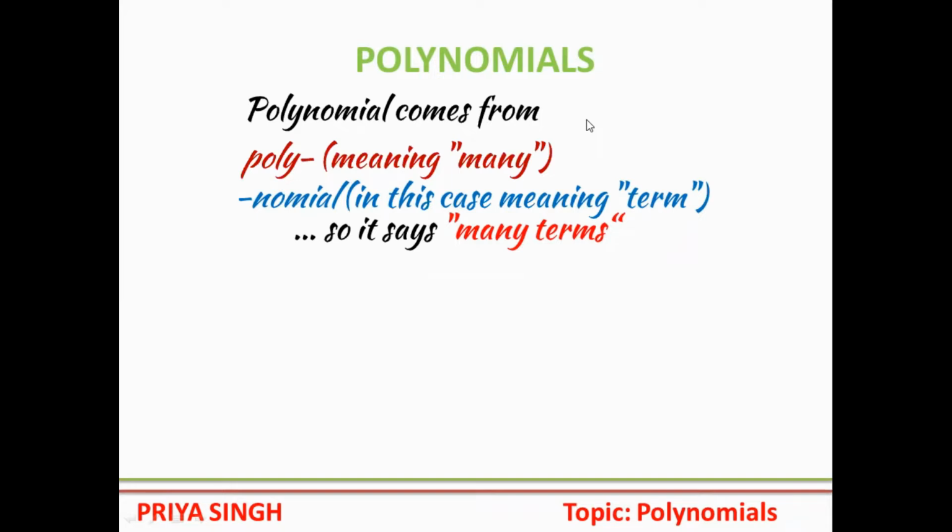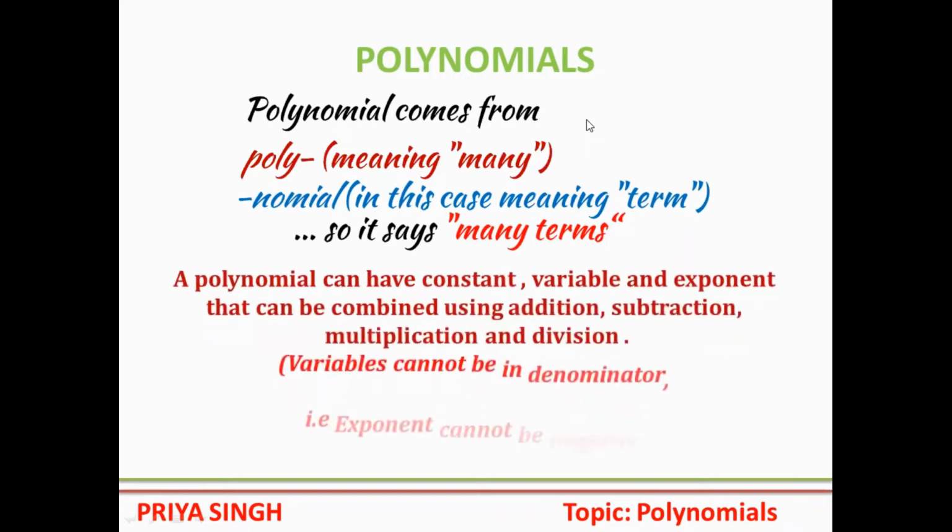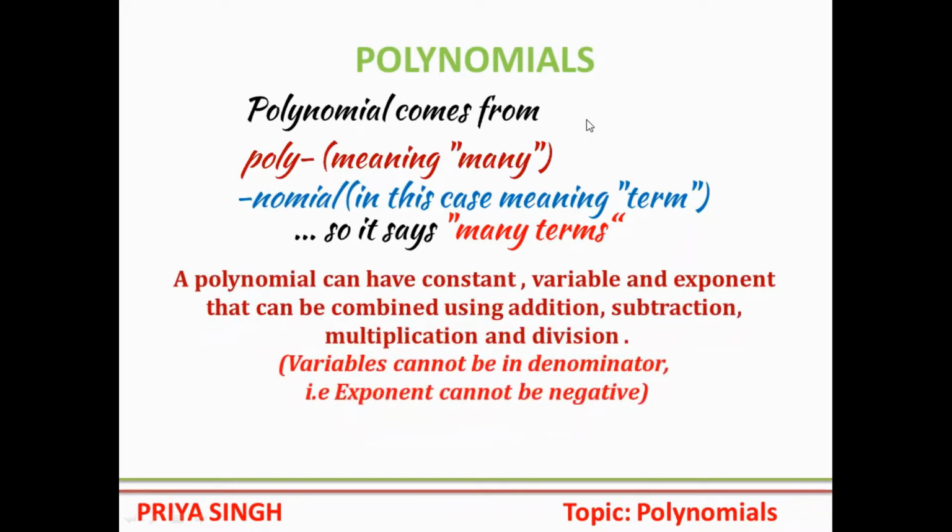What is the exact definition of polynomials? Polynomial can have constant, that is the numbers, then variable, that is the alphabet, which changes the value, exponent, that is the power.